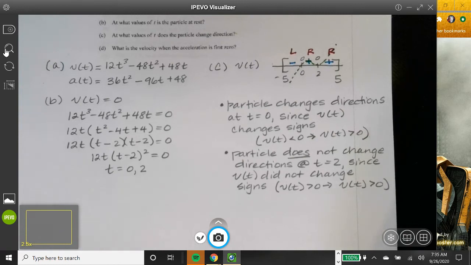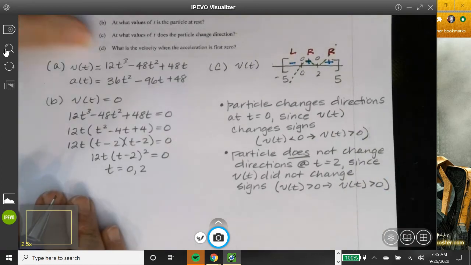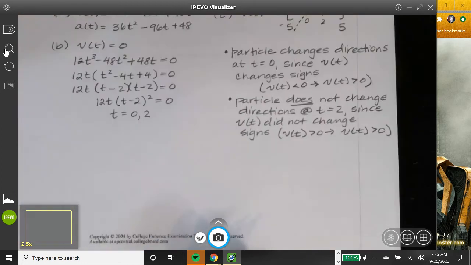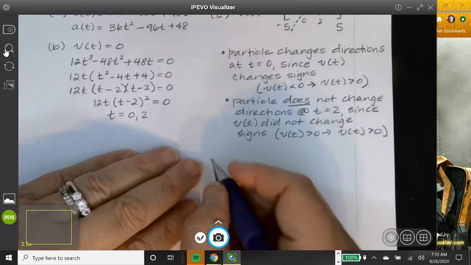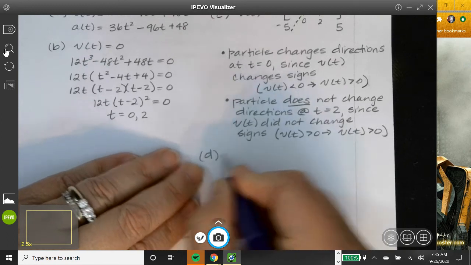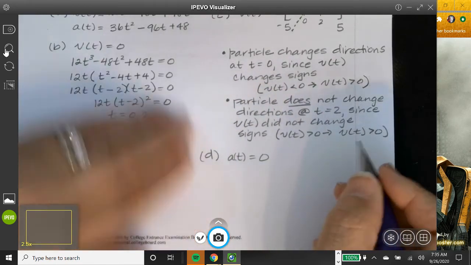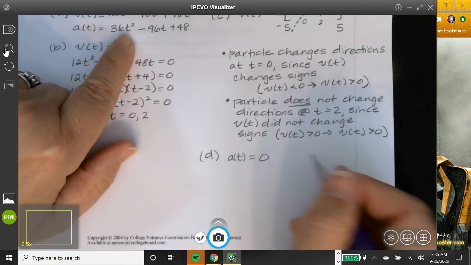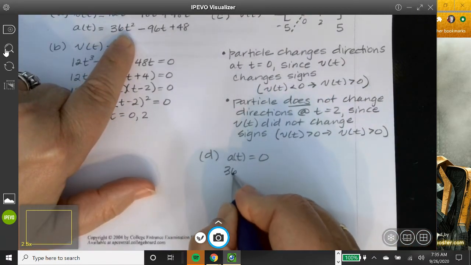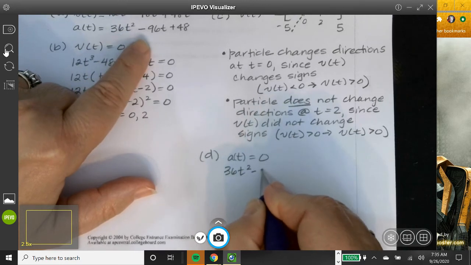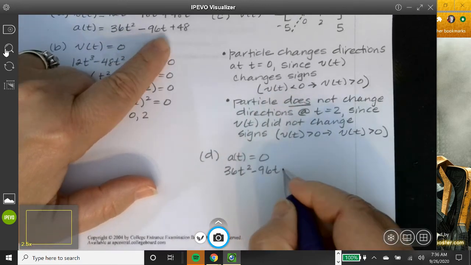All right, now part D says, what is the velocity when the acceleration is first 0? Okay, so I need to know when the acceleration is equal to 0. Well, the acceleration function I've got shown right here, that's 36t squared minus 96t plus 48.